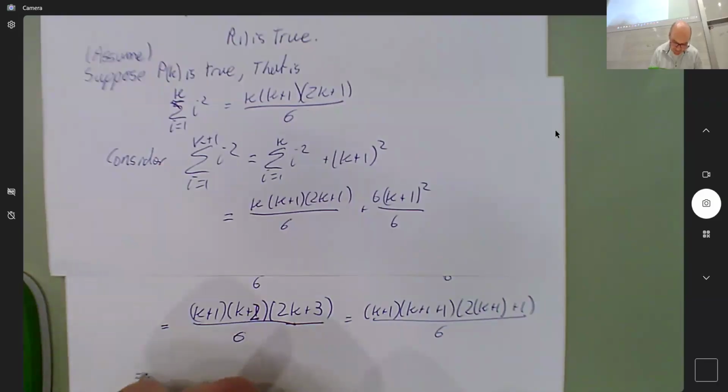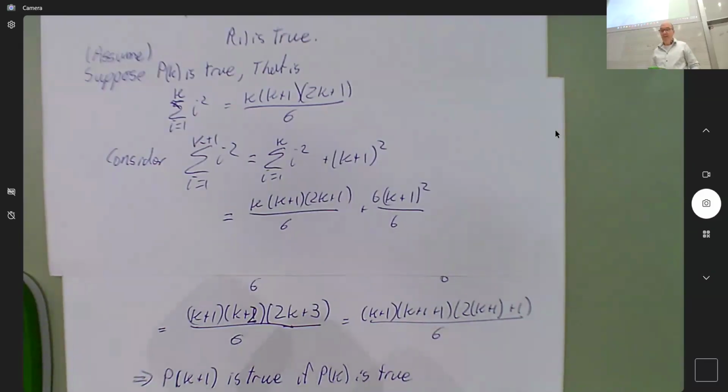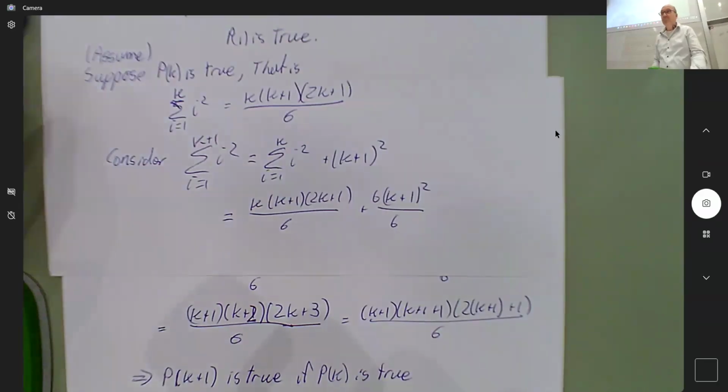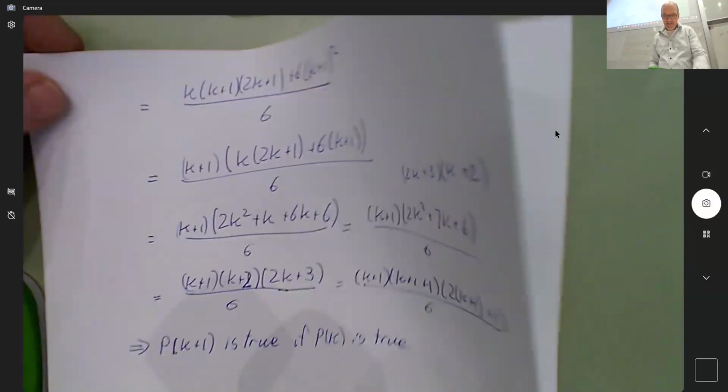And so this says P(k plus 1) is true if P(k) is true. All right. Sweet. You're all happy with that plan? There is nothing remotely challenging about that, hopefully.